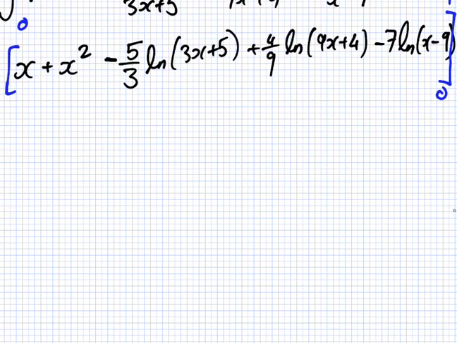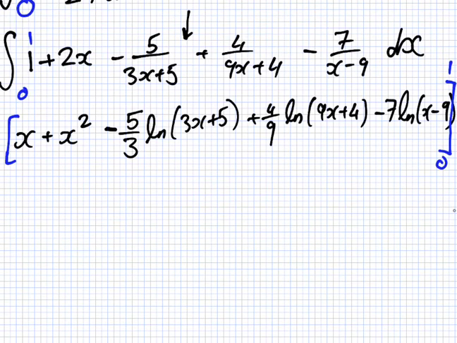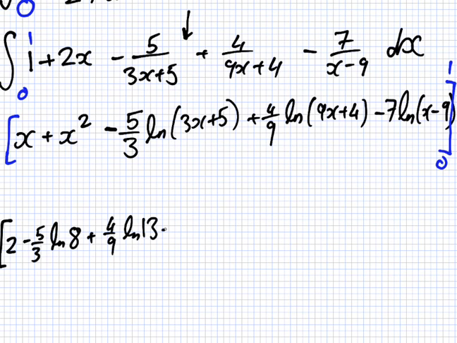Okay, so let's have a look here. If I put in 1 first, I would get 1 plus 1, which is 2, minus 5 over 3 log 8, plus 4 over 9 log 13, minus 7 log of minus 9, which looks like a problem. In fact, it won't be later.